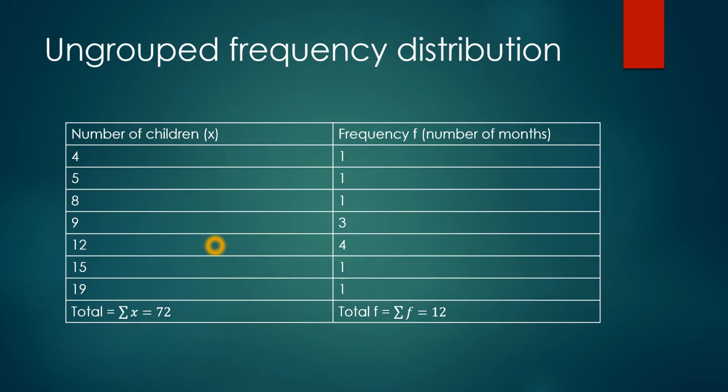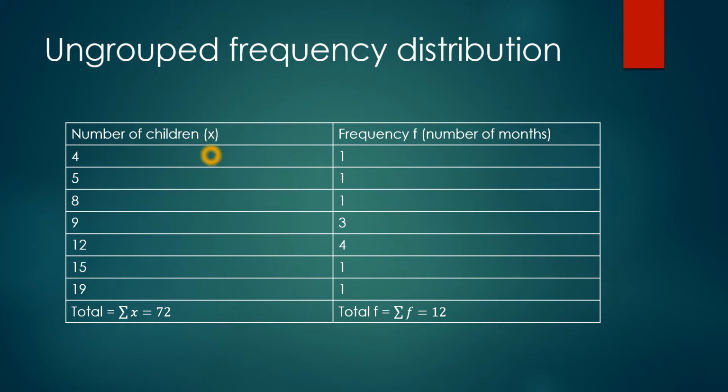We are going to run what we call descriptive statistics, and we are going to analyze the average values. We have all these children and their associated frequencies, so we need to arrive at the median, the mean.